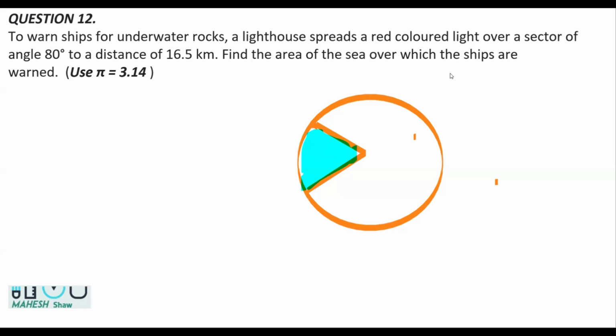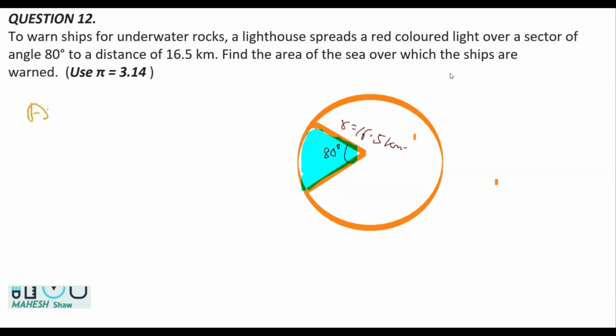We are given the radius, which is in kilometer, 16.5 kilometer. This is the radius here. And the central angle given is 80 degree. What we have to calculate is very easily understood: we'll be finding the area of this sector.